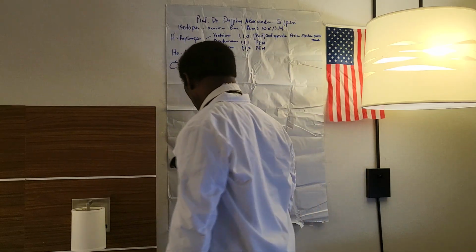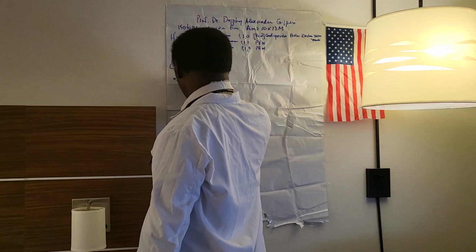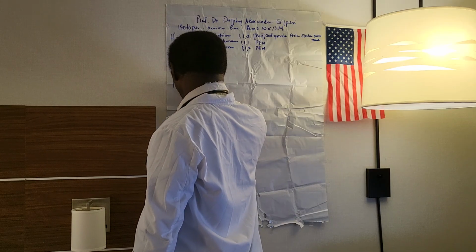So we come on now to 7. We look at some of the isotopes of nitrogen.